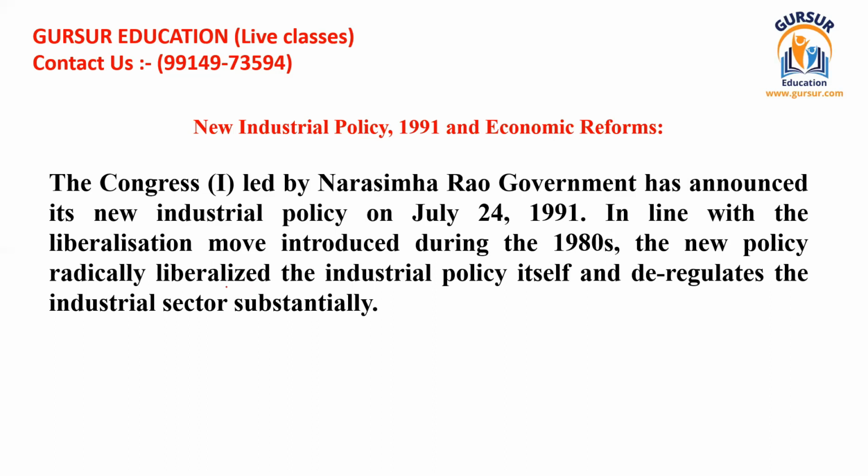The new policy radically liberalized industrial policy itself and deregulated the industrial sector substantially. Under this policy, the decision was taken to bring forth the LPG system, which is known as liberalization, privatization, and globalization, about which we have to take a separate lecture. So I am going to give some brief introduction regarding these.